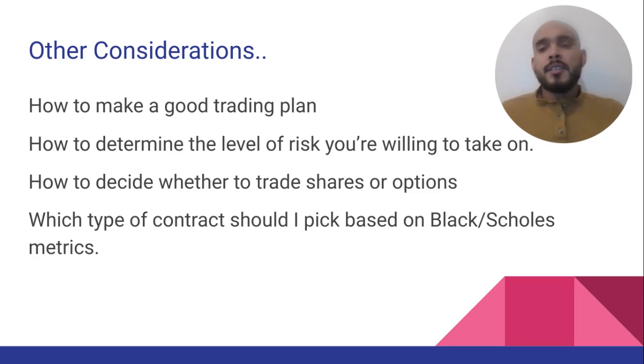Other considerations: how to make a good trading plan. That's a really important part of trading. How to determine the level of risk you're willing to take on. So, picking a good expiration date, because some bigger trading firms, they know that traders with less money pick shorter expiration dates because they're cheaper and they might trade against you.